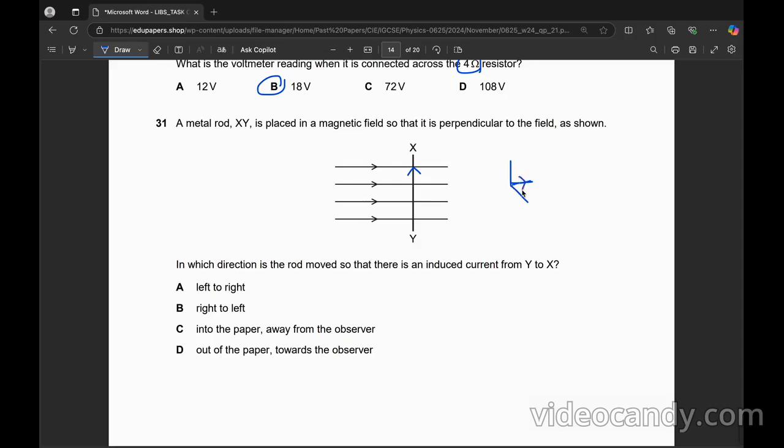Then Y to X is the middle finger, Y to X upwards. When you do that with the right hand, you can see that the thumb is coming outwards, towards you, right? So that would be D.